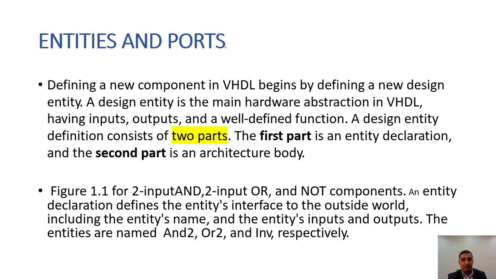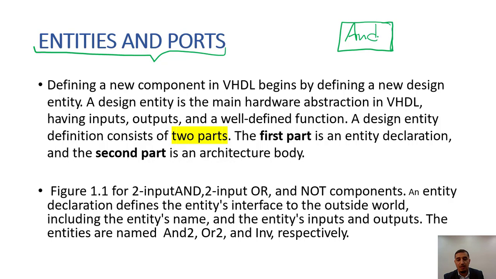Now, entities and ports. What is an entity? An entity is, in Arabic, I will say it, kaynuna. It's something, okay? So when you define an object, you need to define its entity and its ports. So I have a box. This is my entity. I will call this entity AND gate.